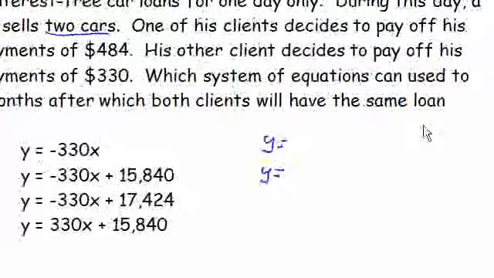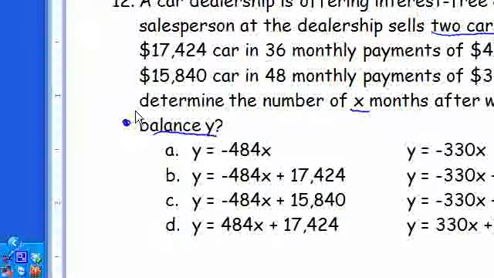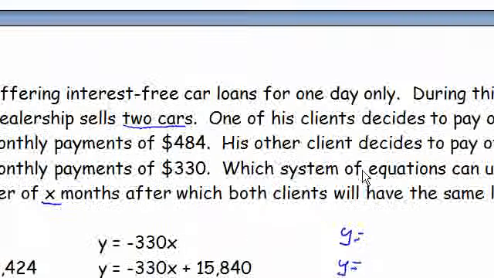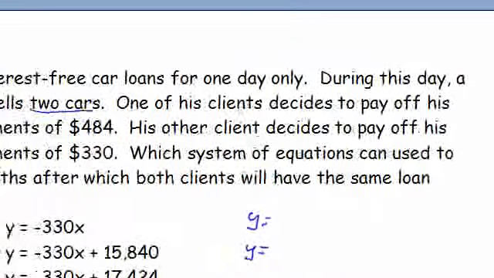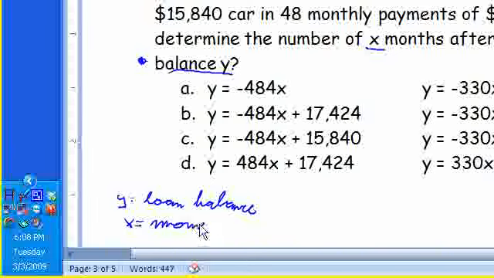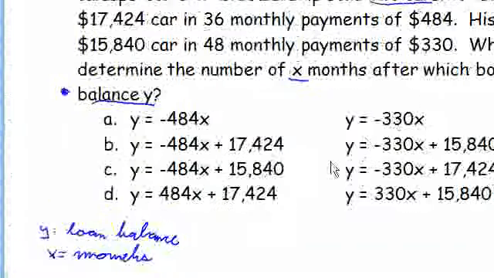And so we know that our loan balance is Y. So let's make a little note here. Y equals the loan balance, and X equals the months. So as the months go by, the clients are making payments on their loan, and therefore their loan balance goes down.